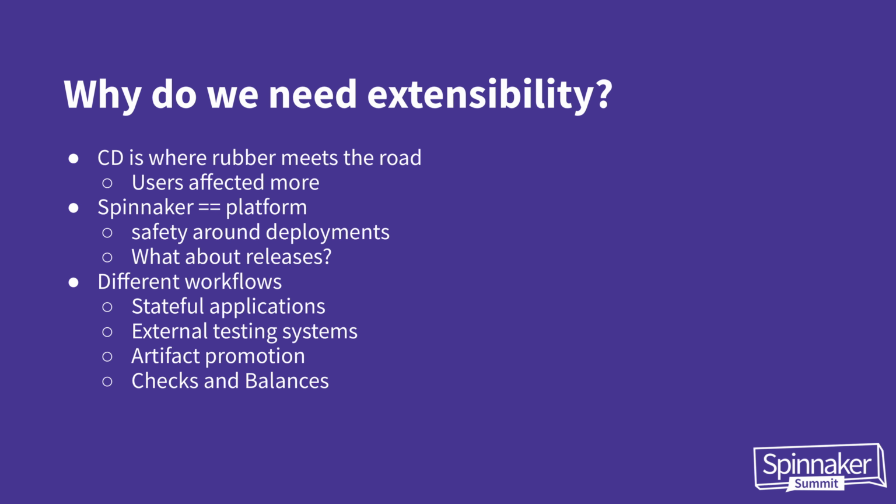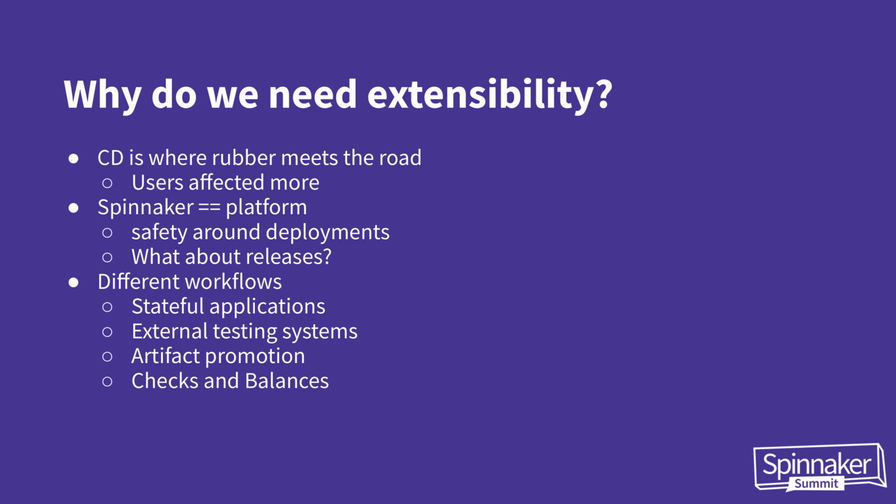We talked about this a little bit already, but to dive into it farther, why do we need extensibility? Specifically around the area of software delivery and even further, continuous integration. Software delivery is where the rubber meets the road. I've been talking about this with a lot of people lately. If you look at software delivery and continuous integration as two distinct things, continuous integration is where the lowest amount of risk is.